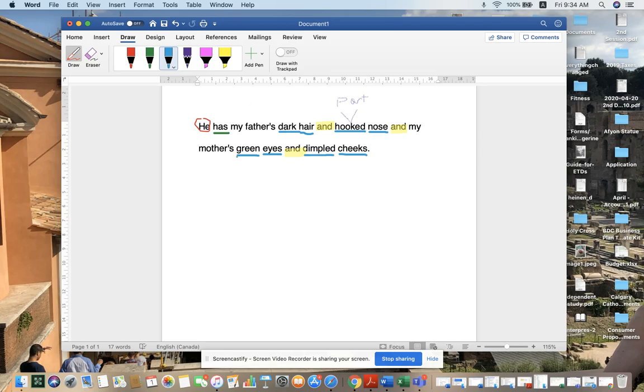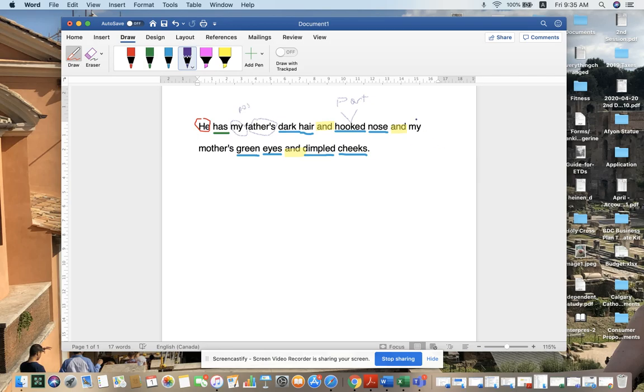All right. Next, she's going to let us know whose dark hair the character has. It's my, a possessive, but it's also father's. Okay, so two possessives beside each other. You could say he has father's dark hair, but my father could also be inserted. So two possessives, possessive, possessive.